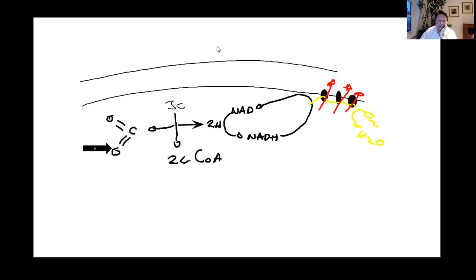So this step from pyruvate to acetyl CoA is the link reaction, which produces carbon dioxide and NADH. It doesn't produce any ATPs directly. Remember that 2 pyruvates are produced for each glucose, so the link reaction occurs twice per glucose.